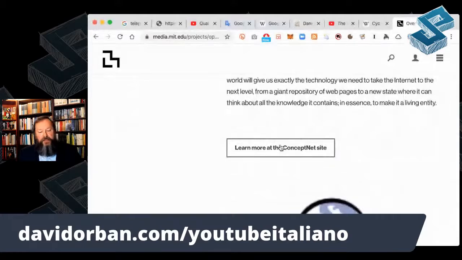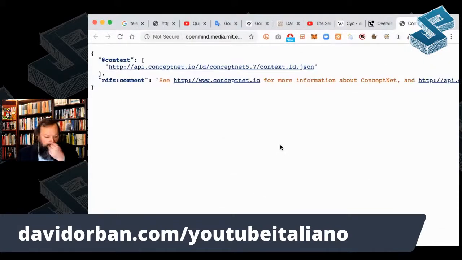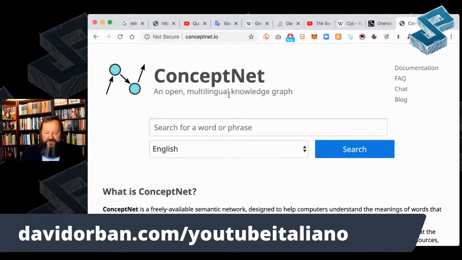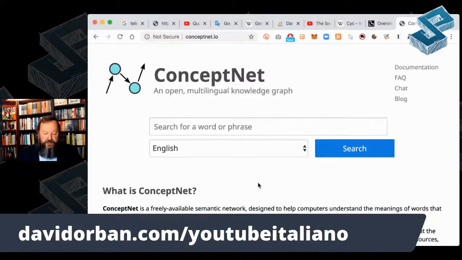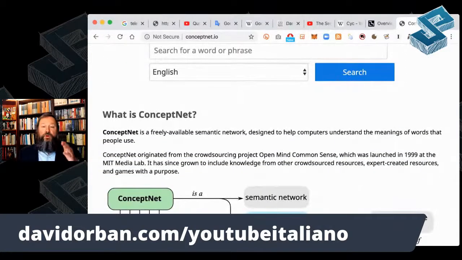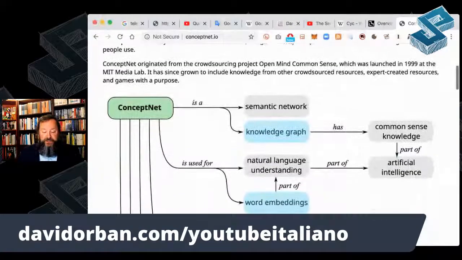And this project was based on a crowdsourcing model where you would actually teach the computer common sense originally.